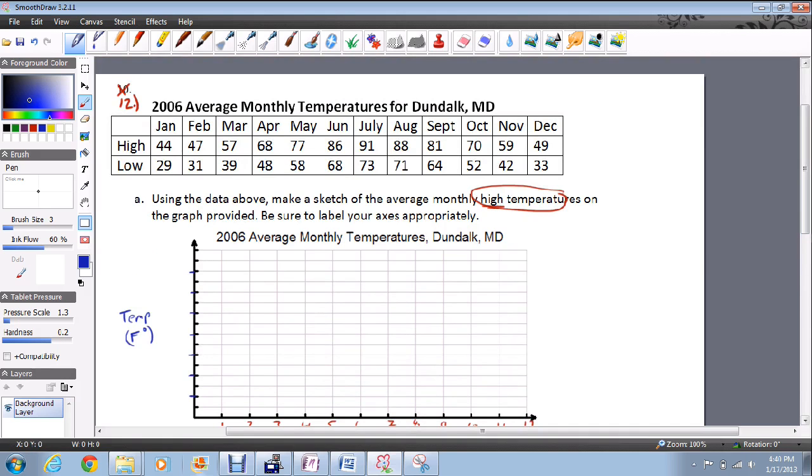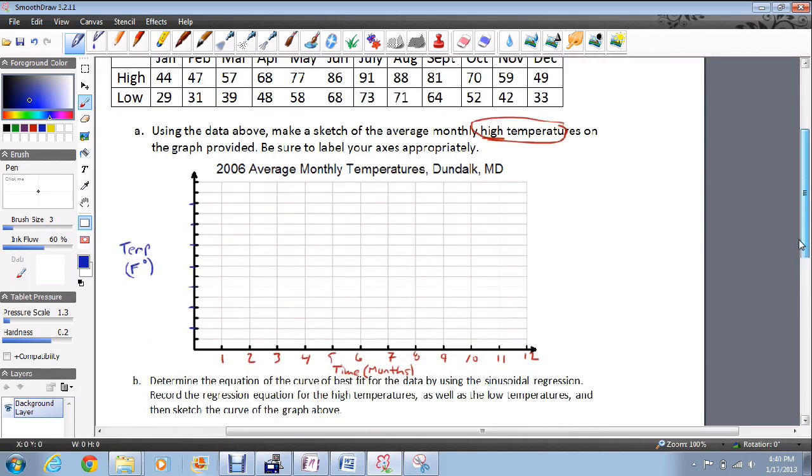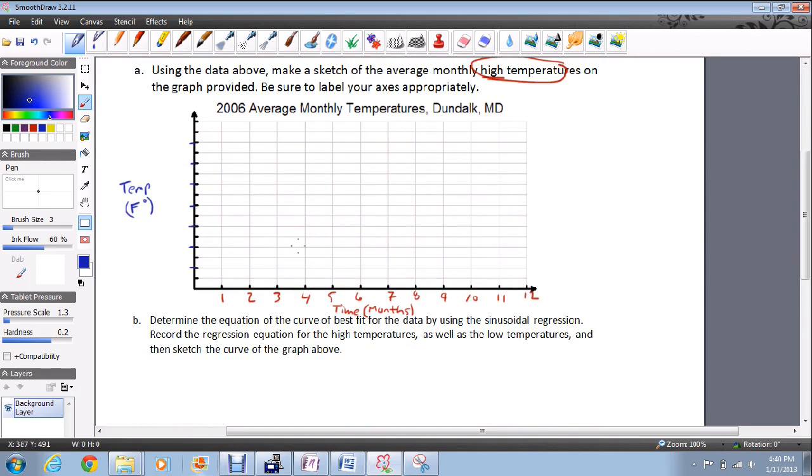They need to be spaced out equally. That's part of one of the rules when we're graphing. Anyways, this will be 0 down here. We know that. This will be 15 degrees, 30 degrees, 45 degrees, 60 degrees, 75, 90, and 105.